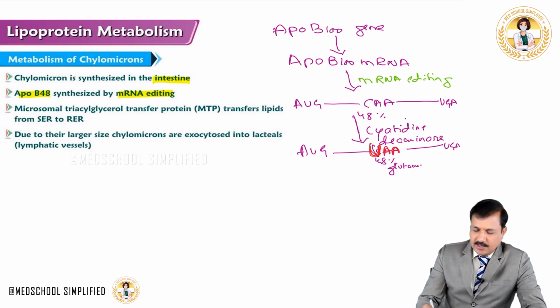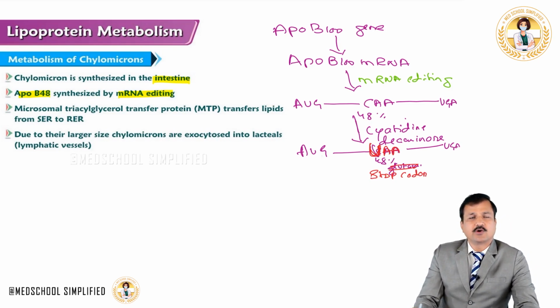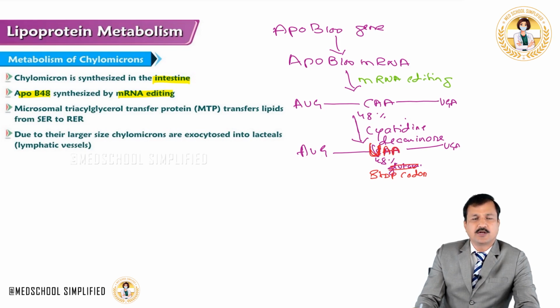Now UAA, instead of coding for glutamine, is a stop codon. Normally CAA was coding for glutamine in the Apo B-100 mRNA.